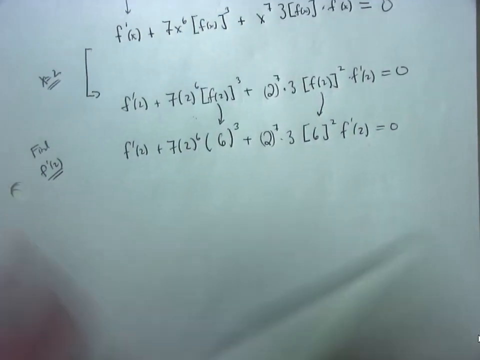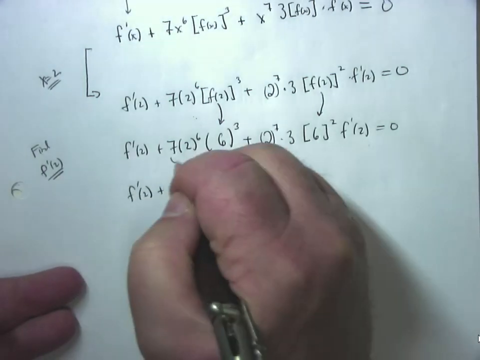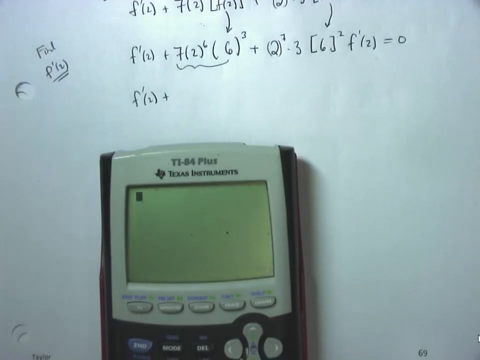Well, now I'm going to crunch some numbers. This is f prime of 2 plus, what is 7 times 2 to the 6th times 6 cubed? Yep, gotta love it. 96,768.